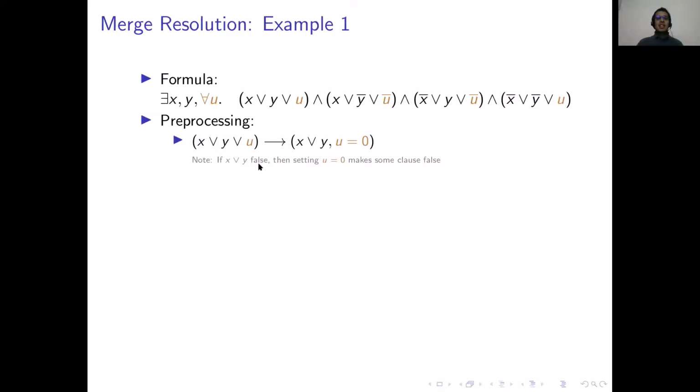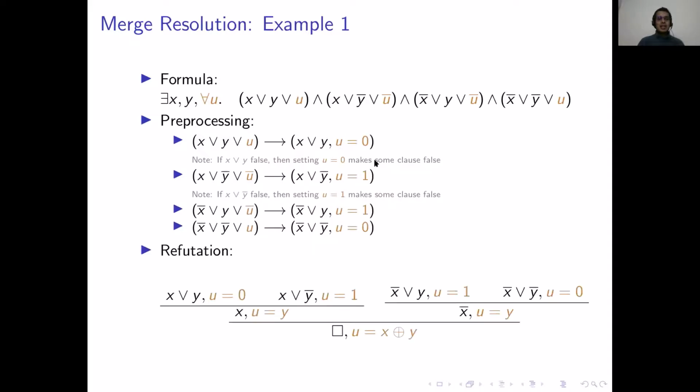If you are promised that your existential assignment falsifies the existential clause, then setting the universal variable according to the function given in the line ensures that at least one of the input clauses is false.